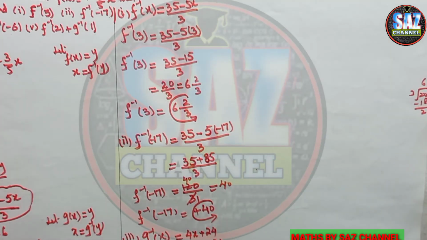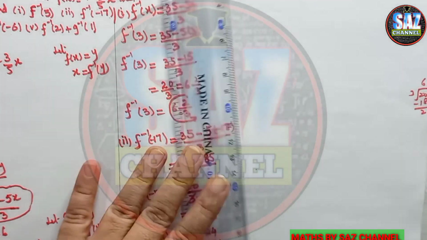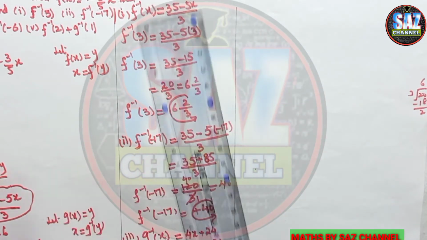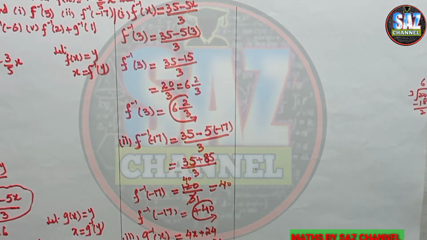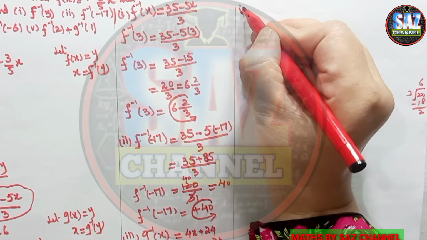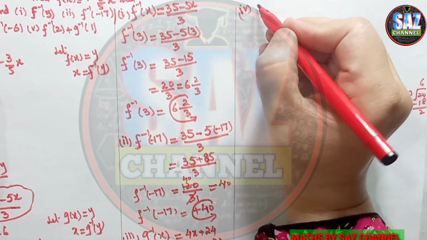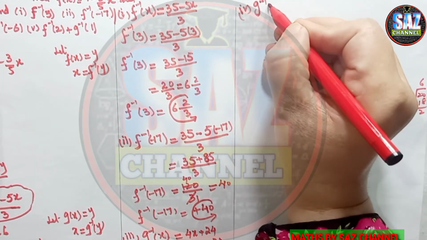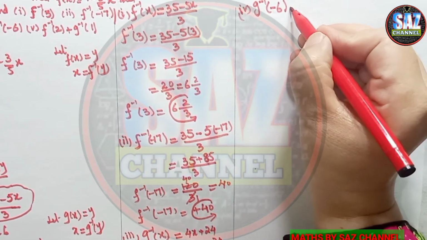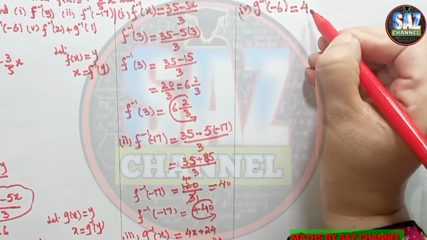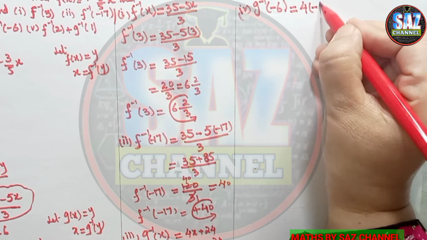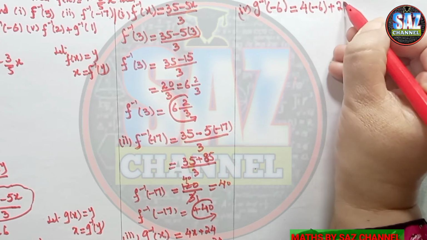Let's move to the next part of the question, and that is g inverse of minus 6. This is the fourth part. Now what I have to do is, instead of the variable, I have to replace minus 6: 4 into minus 6 plus 24.